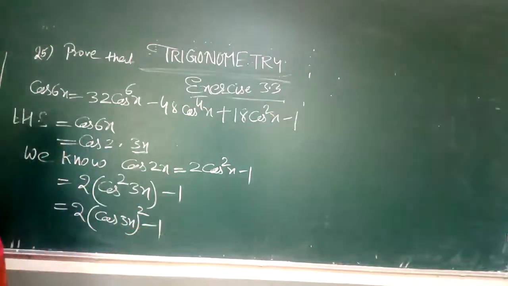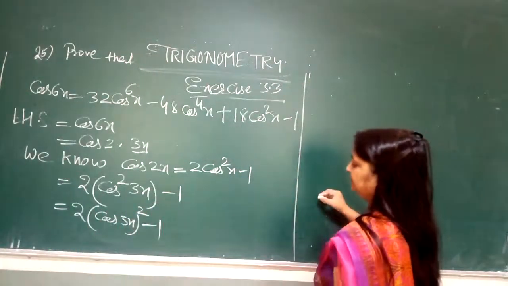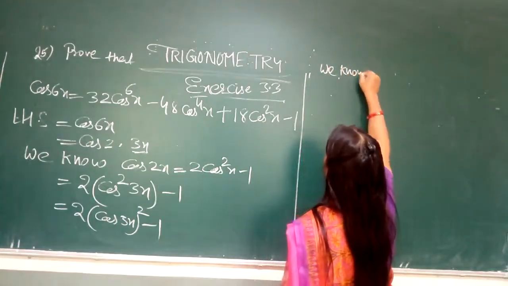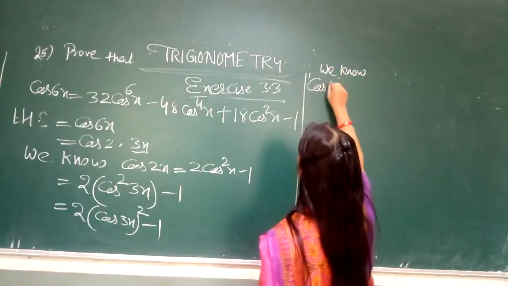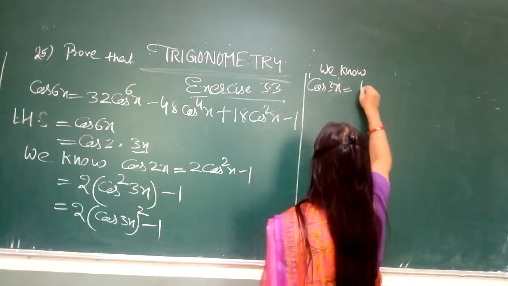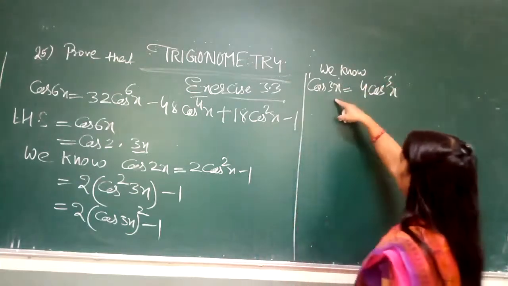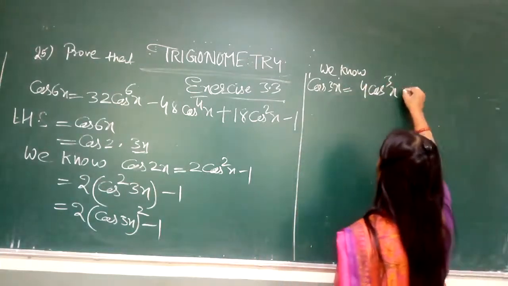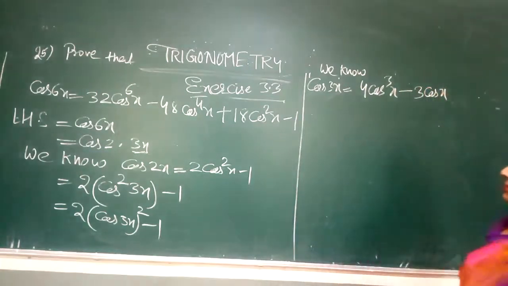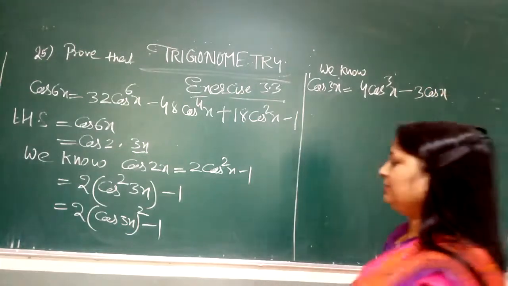Now students, here we will use the formula for cos 3 theta. What is the formula of cos 3 theta? Learn the formula of cos 3 theta. That is 4 cos cube theta minus 3 cos theta. Theta is here x, means cos 3x is equal to 4 cos cube x minus 3 cos x.